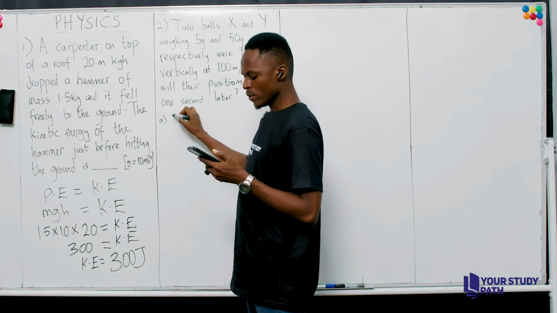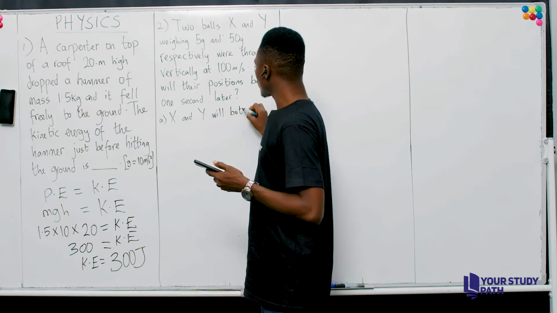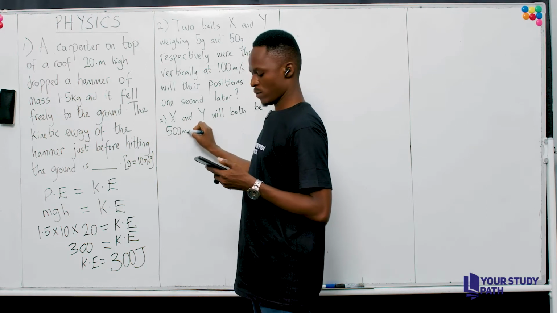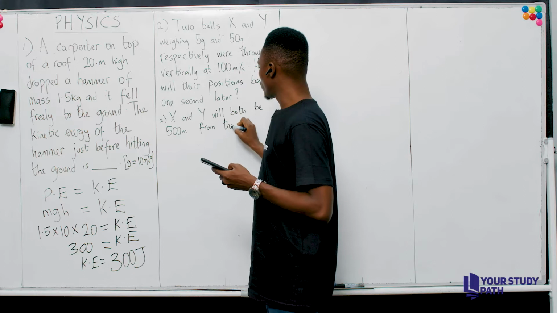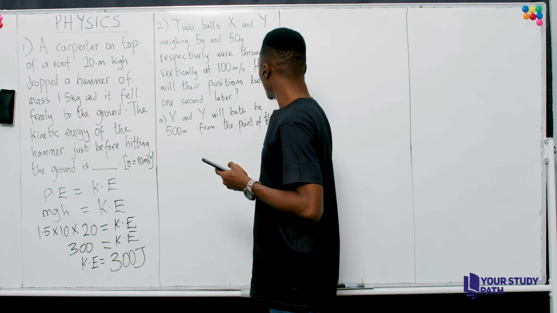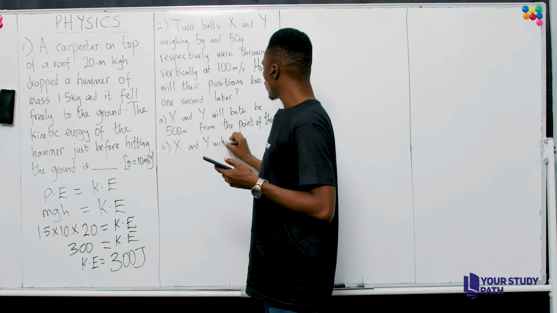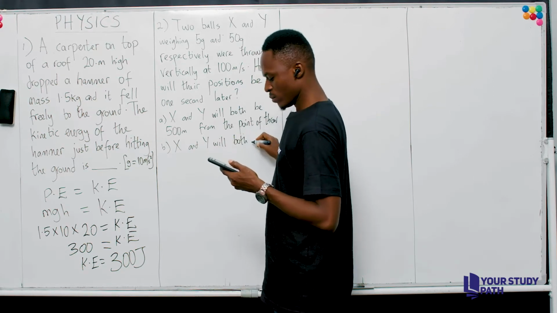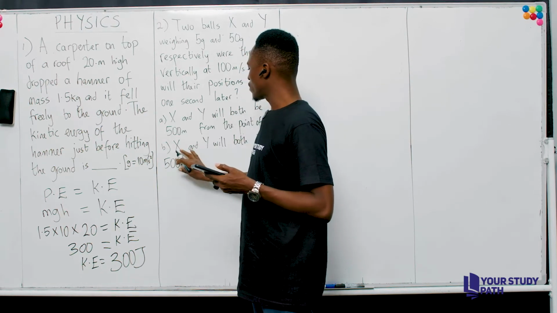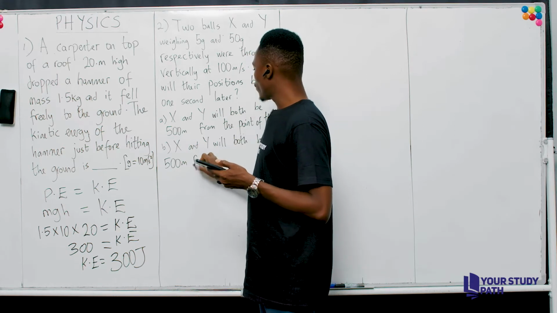Look at option A. We are told that X and Y will both be 500 meters from the point of throw. B, we are told that X and Y will both be 500 meters from each other.